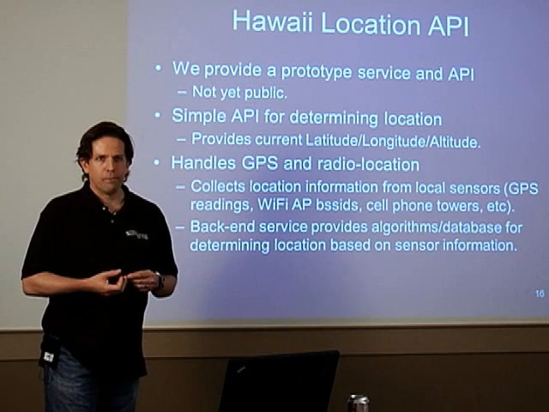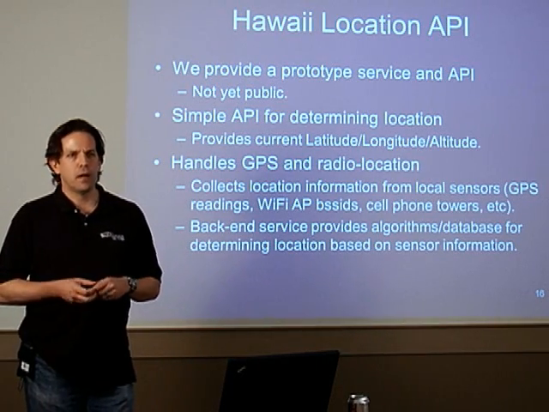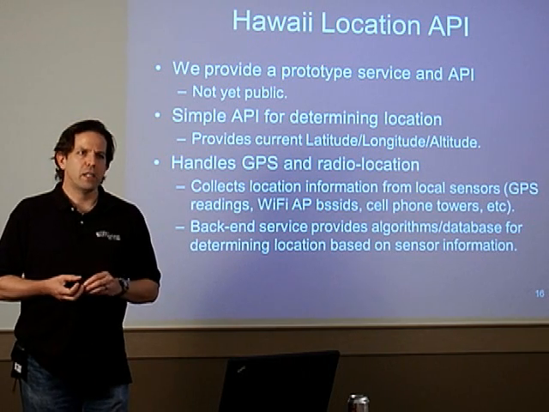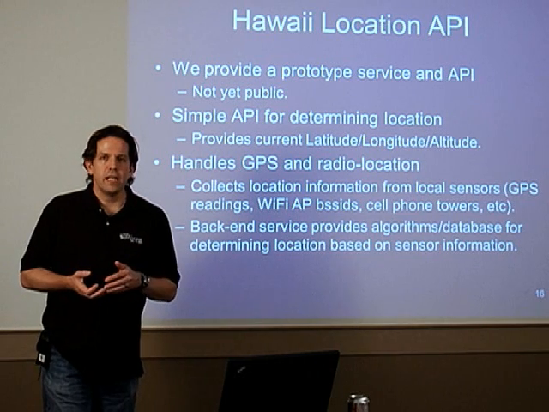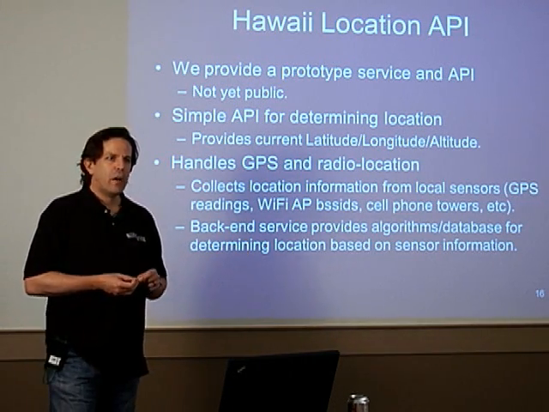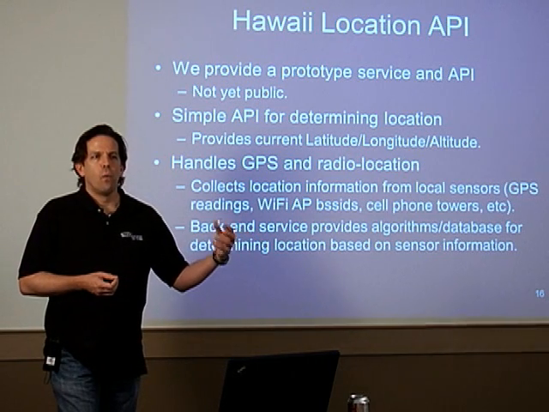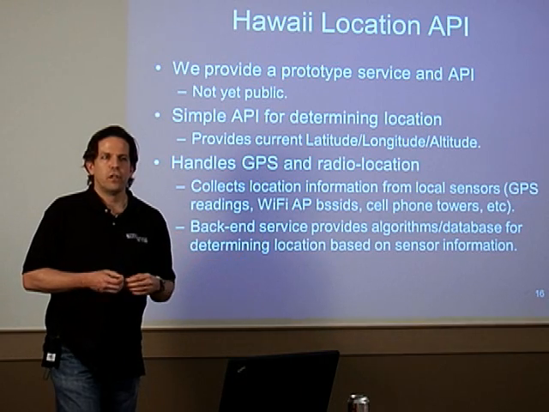But if you don't, if you're inside somewhere and are only able to receive signals from Wi-Fi access points, what it can do is it can take the BSS IDs of those Wi-Fi access points, send them off to the service in the cloud, and it will figure out where it's seen those Wi-Fi access points before and tell you what their geolocation is.